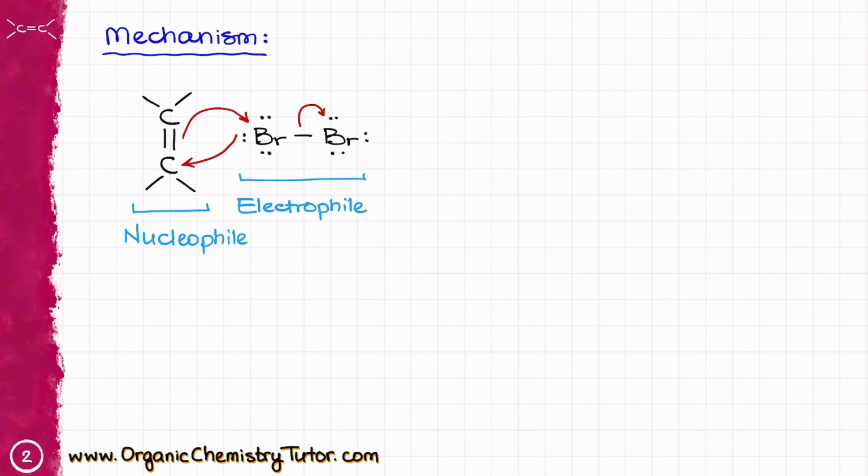So as a result of this electron flow, we are going to get the following intermediates. We are going to have a three-membered ring with the bromine that is now going to be double bonded. It's going to be bonded to one carbon and to another carbon at the same time, and we're also going to form a Br-.